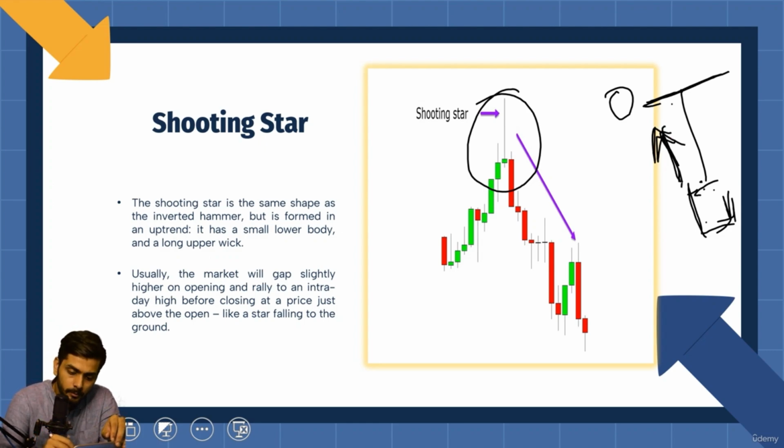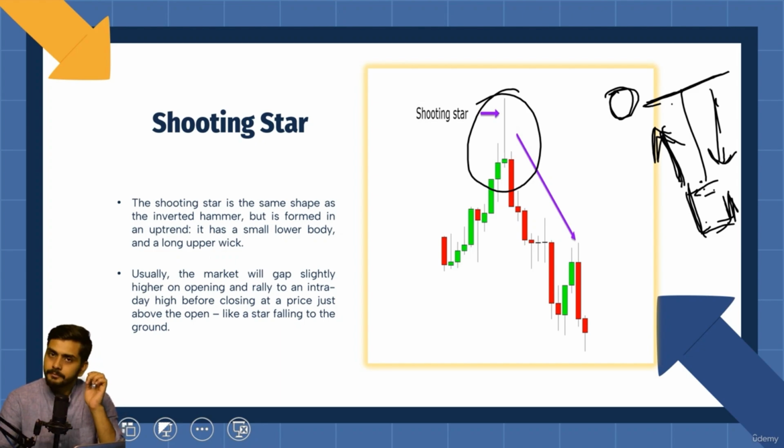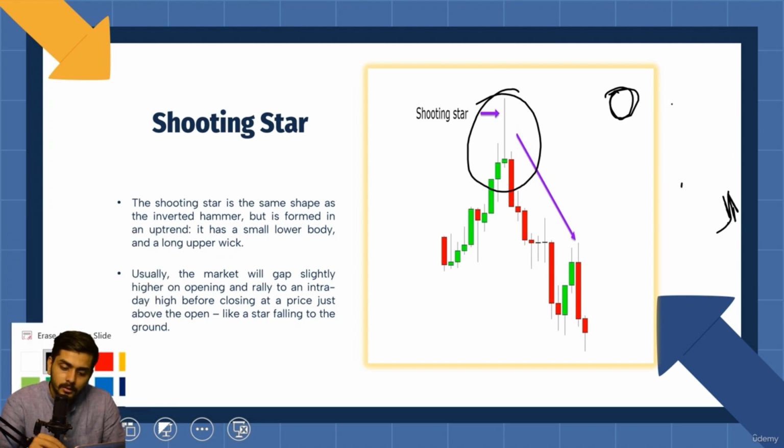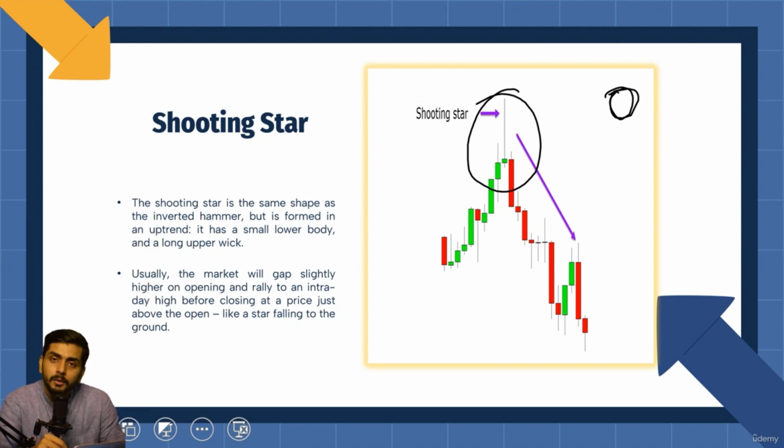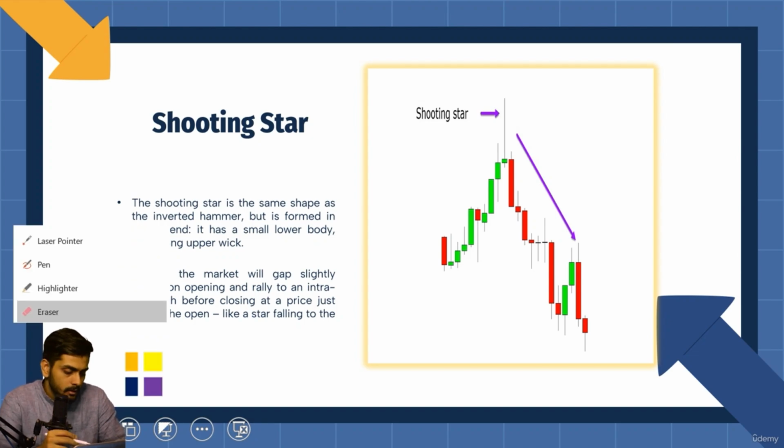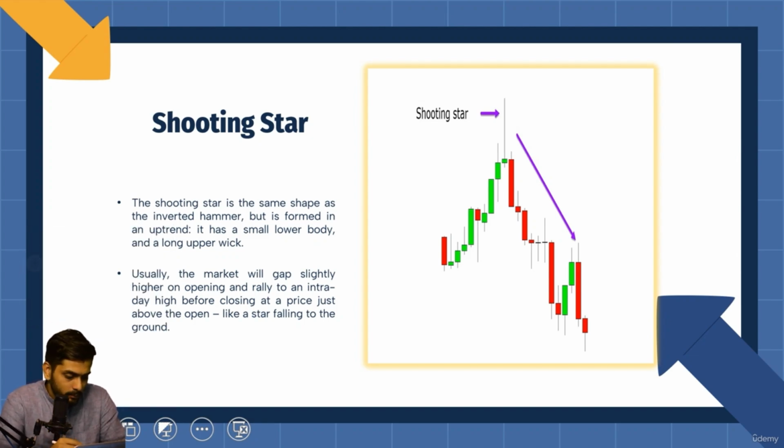The market went up till this point, but found very strong pressure created by the bears, which pushed the market down, and it closed somewhat like this. This is the basic of an inverted hammer, whatever you call it. This is basic price action.